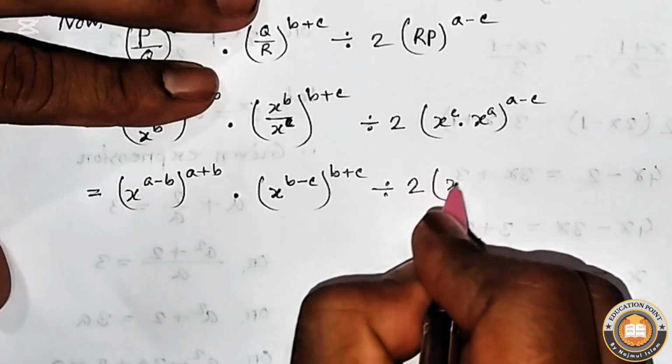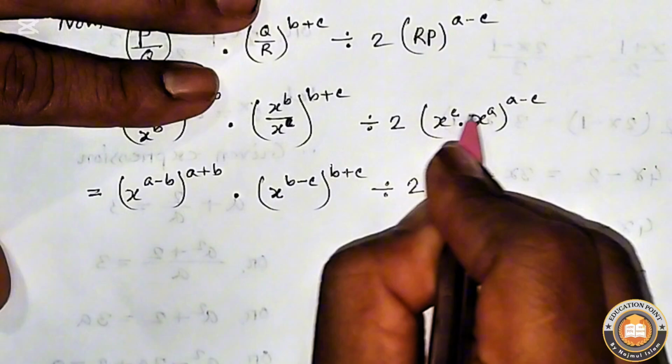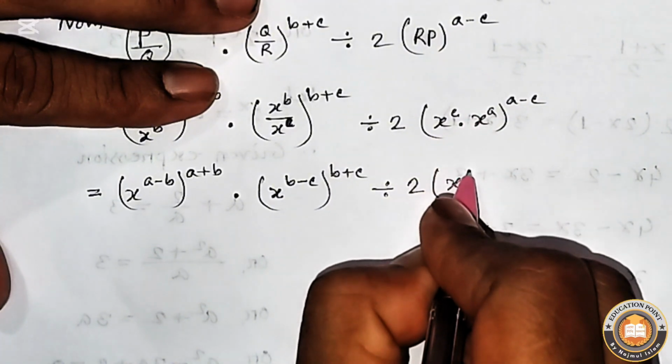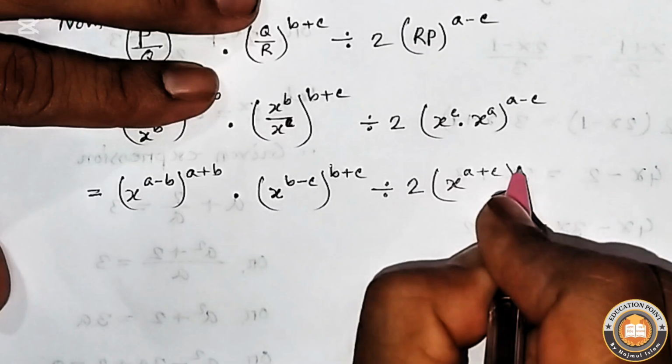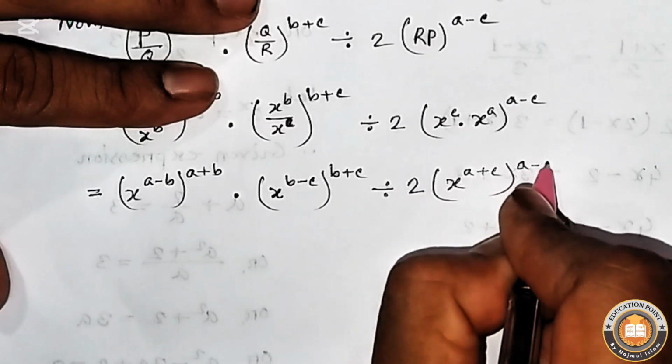Here similar base x, so their power will be added: a plus c, then whole power a minus c.